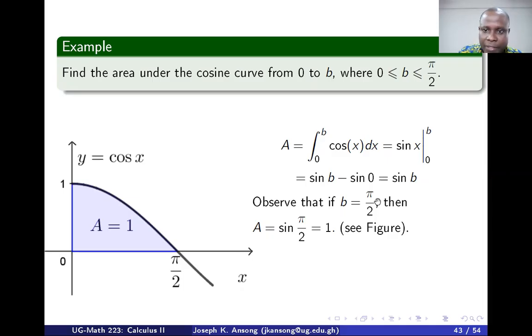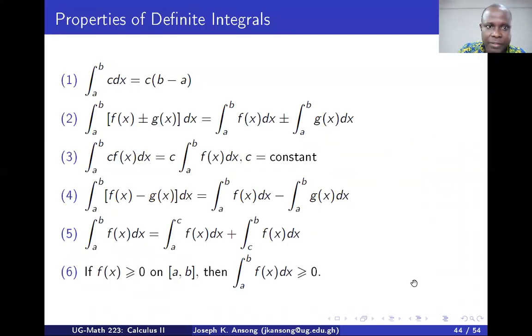Of course, when b is pi over 2 at the end point, sine of pi over 2 is 1. So the area under the cosine from 0 to pi over 2, if you integrate it, you get 1. Because it's 1, that's why it's interesting, nothing more. It's not a difficult problem. We just apply the evaluation theorem to this.